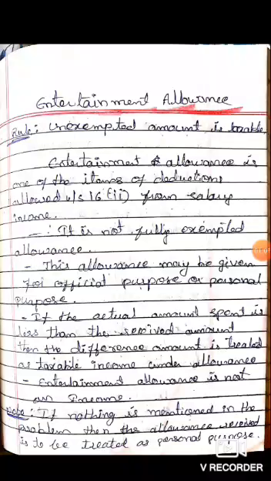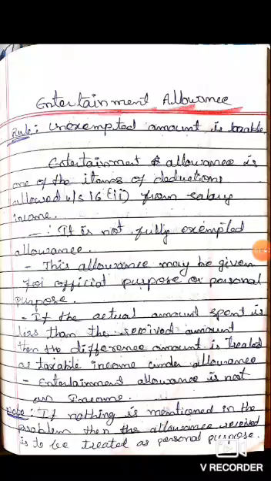This allowance may be given for official purpose or personal purpose. It depends upon the work and the employee's cadre. If the actual amount spent is less than the received amount, then the difference is treated as taxable income under allowances.